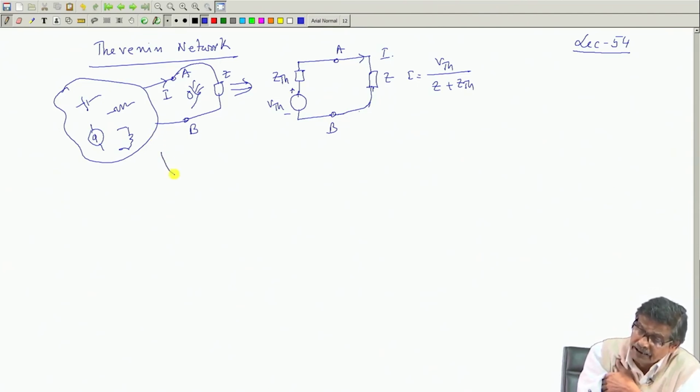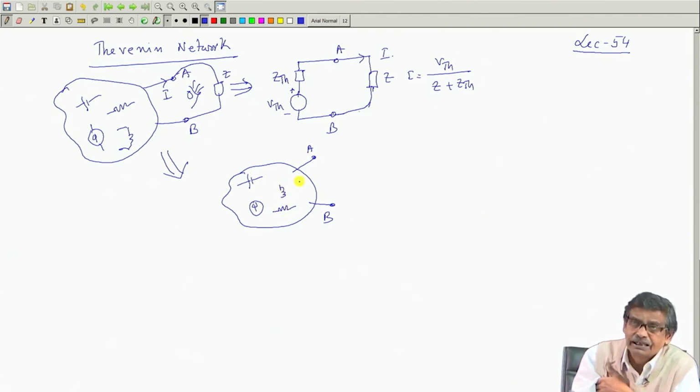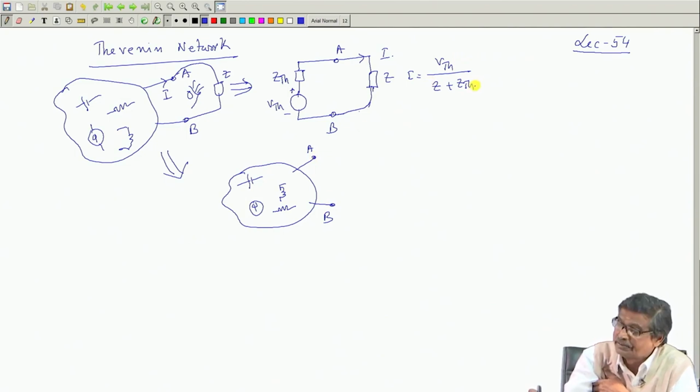Now, once again I will use the concept of the substitution theorem. Here is the point A and here is the point B, and all the sources are present in the network, several current and voltage sources, several circuit parameters, all of which I can convert to the S domain. So across A B, maybe here V Thevenin(S), Z Thevenin(S), and like that you will get I(S).